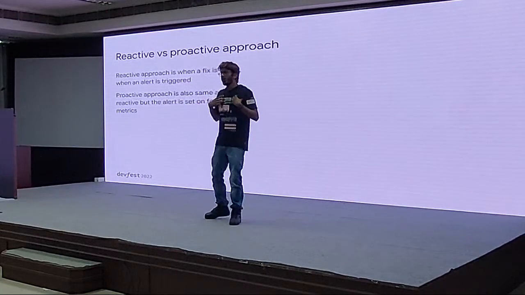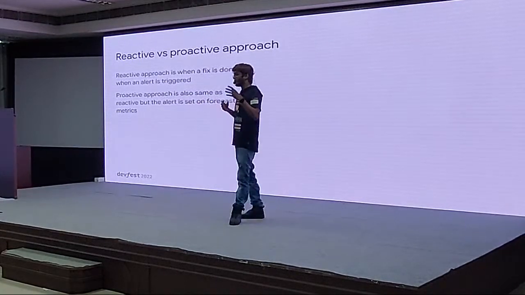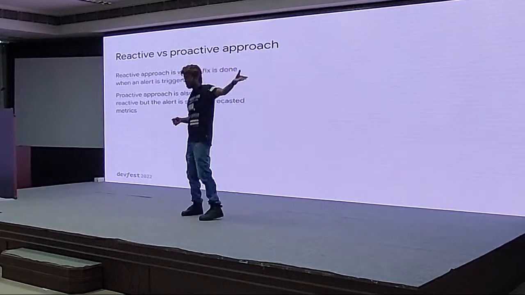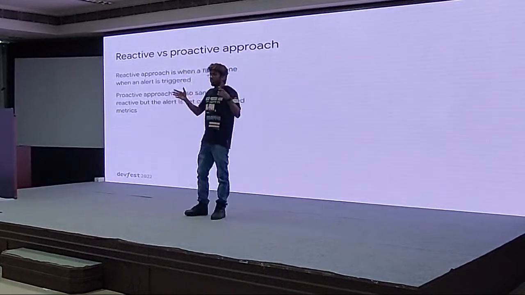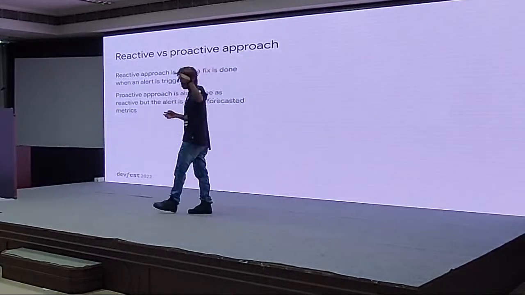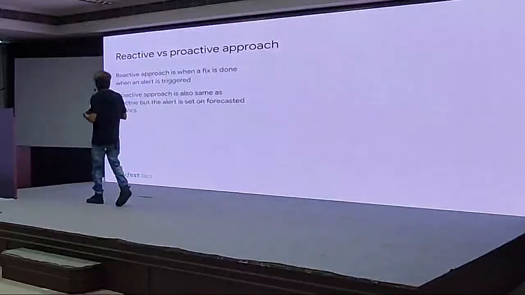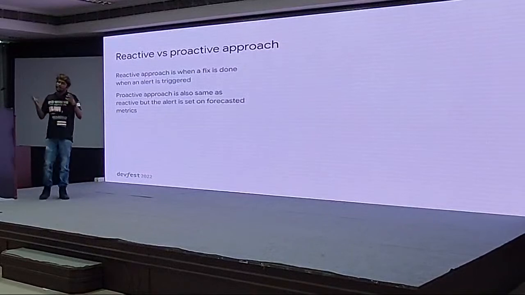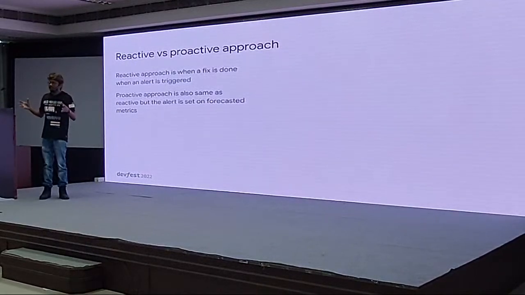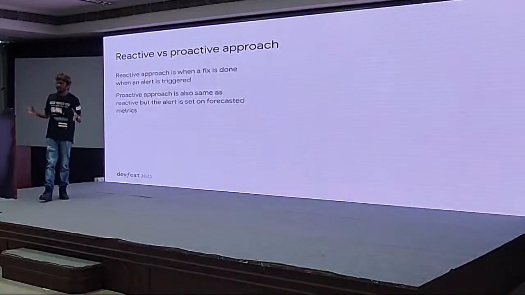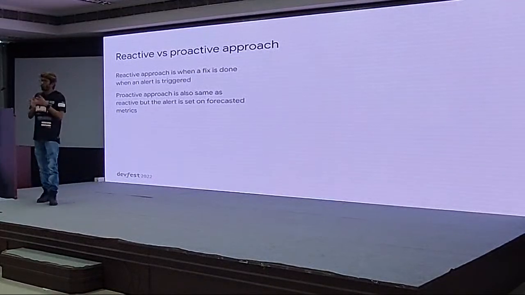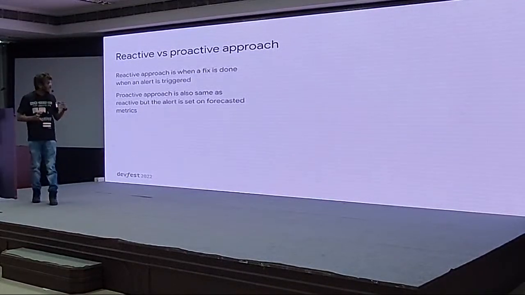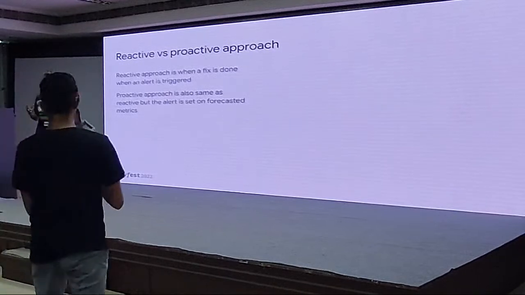That we know. As with memory usage for a system over the past 10 minutes, we know that in a time series XY graph. So that is more reactive. What is proactive is, based on this time series data, we try to forecast these metrics using open source AI tools, right? And then we set alerts on those forecasted metrics.